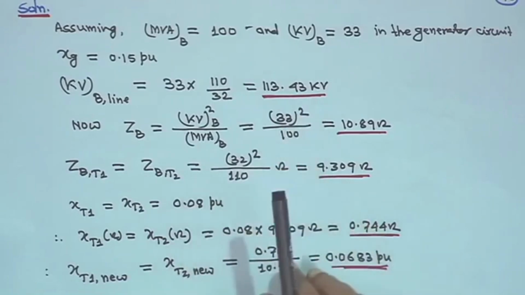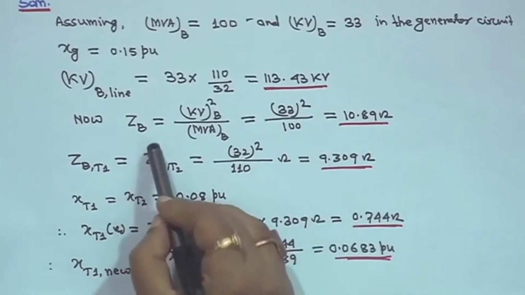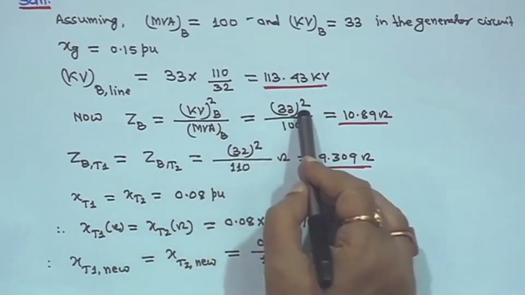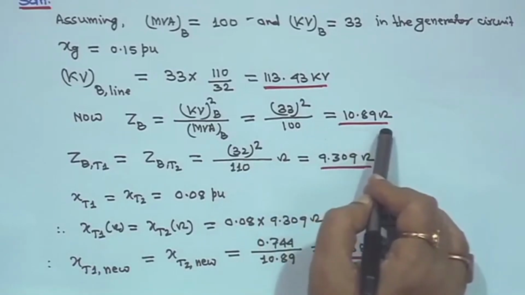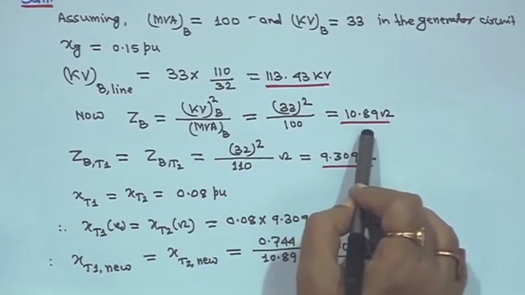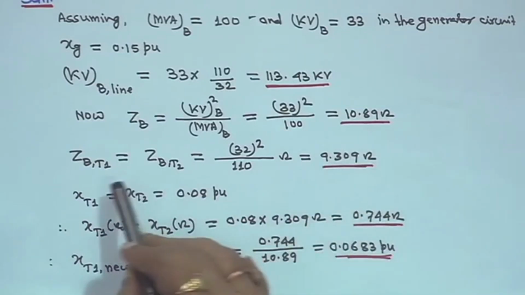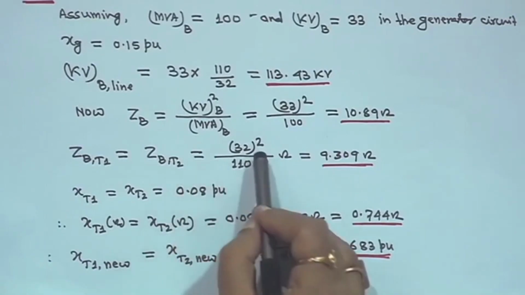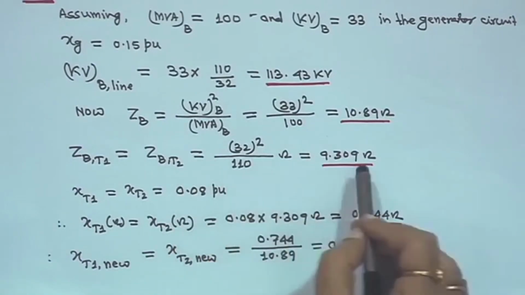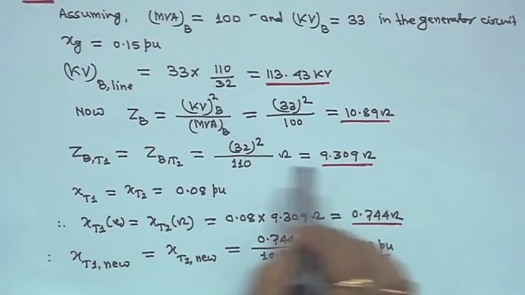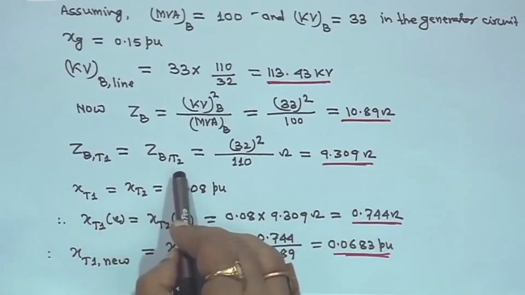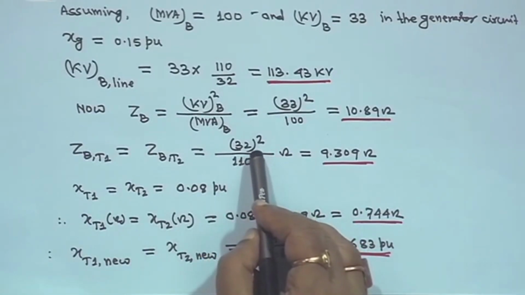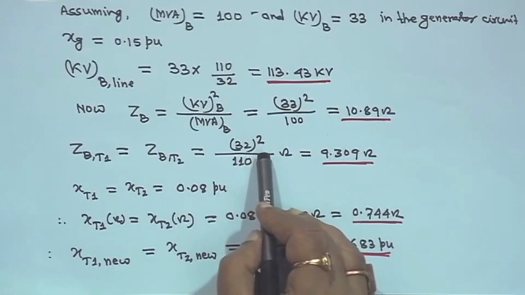Now ZB is equal to kV base squared upon MVA base, that is 33 squared upon 100, that is 10.89 ohm. This is the common base ZB, because base MVA is 100. ZB of T1 is equal to ZB of T2, equal to 32 squared upon 110, that is 9.309 ohm, because transformer T1 and transformer T2 have the same voltage rating.